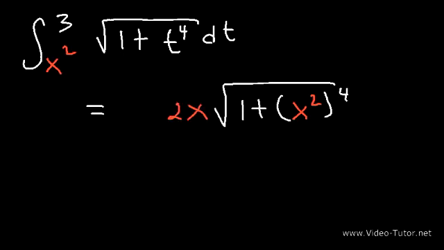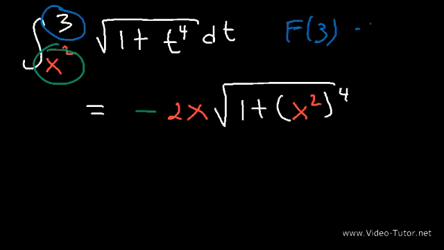But because it's on the bottom, there's going to be a minus sign in front of it. So when you integrate the function, it's going to be F of 3 minus F of x squared. And when you differentiate F of 3, that's going to disappear. But this negative sign will be attached to the F of x squared part. And so here it is.